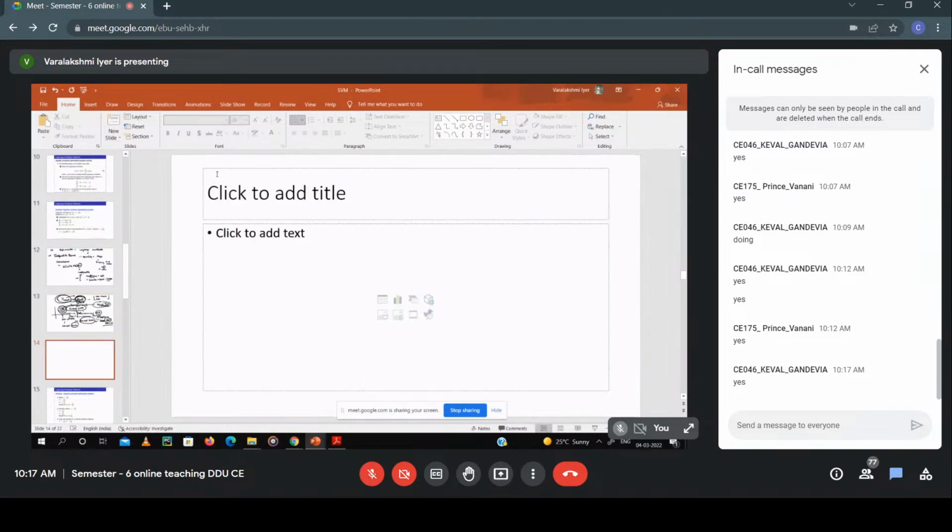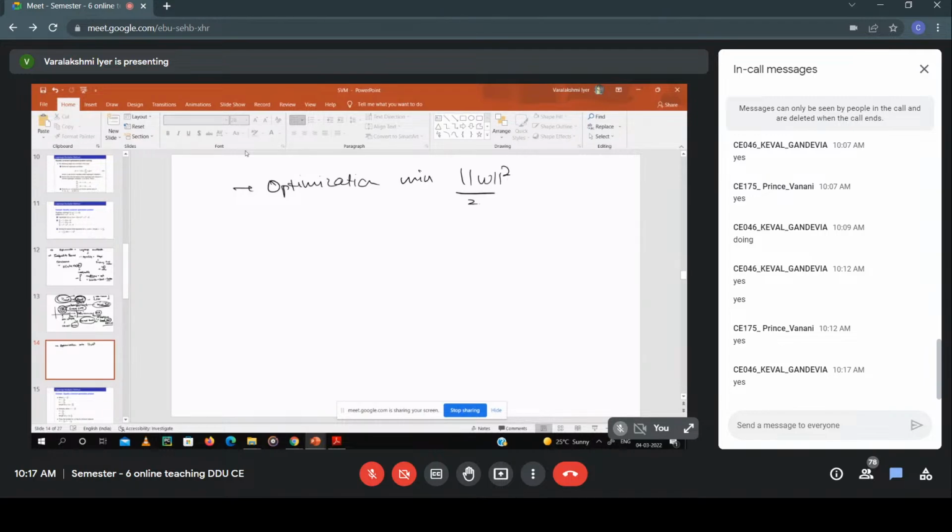So what is the primal form of an equation and what is the dual form? If you see, our main optimization problem is to minimize w square by 2, given the constraint g of w. Consider this f of w, and given g of w is less than or equal to 0, and there is another constraint h of w which is equal to 0.